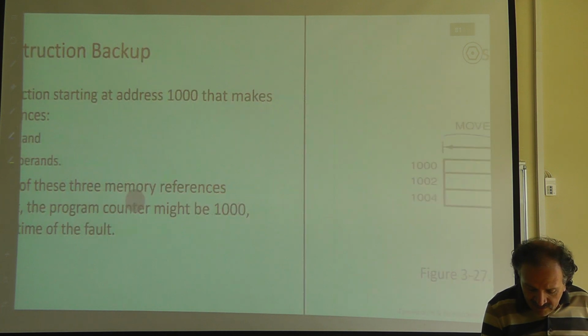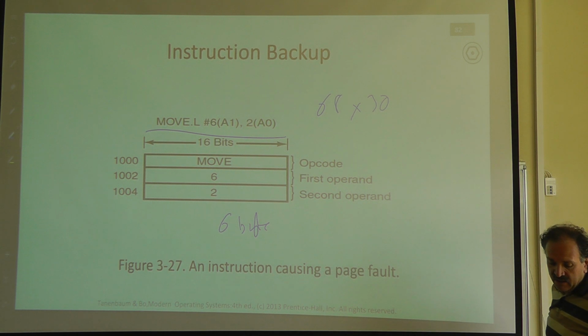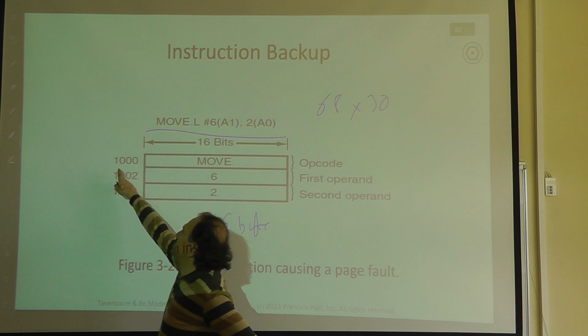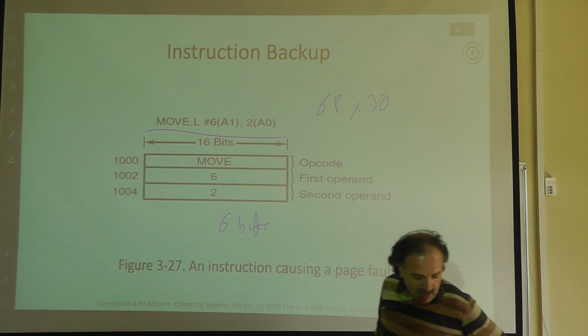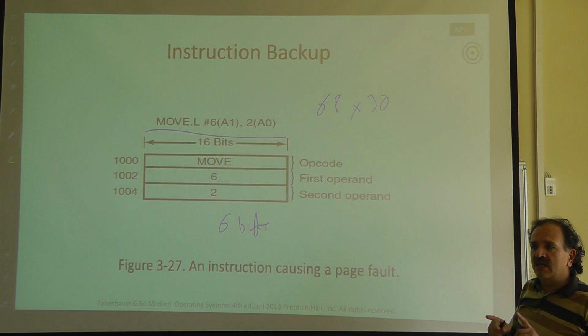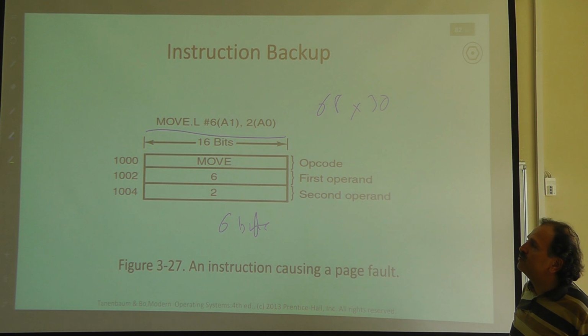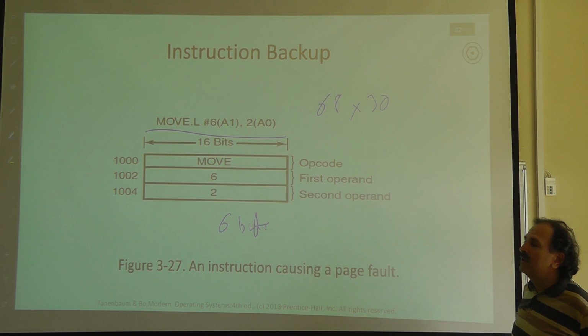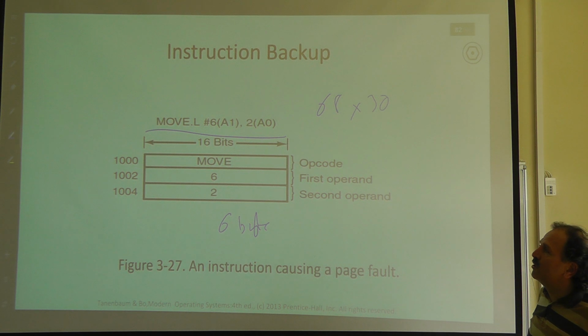When I have figured out the causing PC number and handled the page fault, when I come back to this instruction, I need to back up. I need to move the program counter back to the original position, the beginning of this instruction. This is called instruction backup, because instructions cause page faults in the middle of execution, not at the end or the beginning. So I need to back up to the beginning of the instruction.